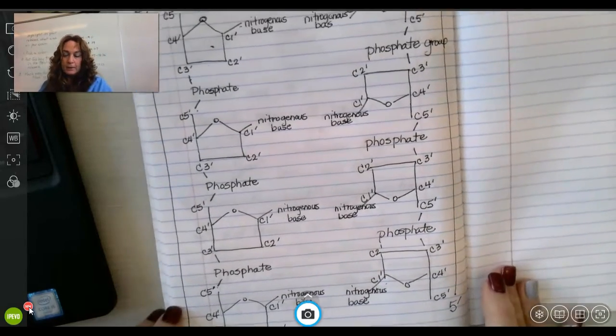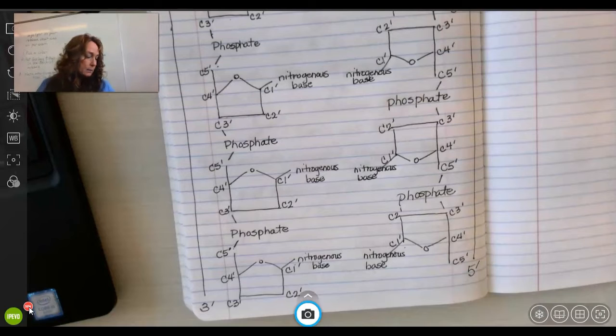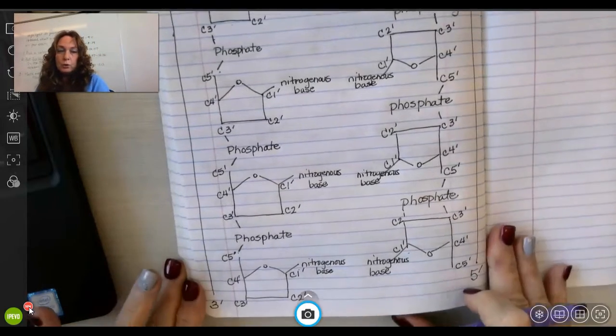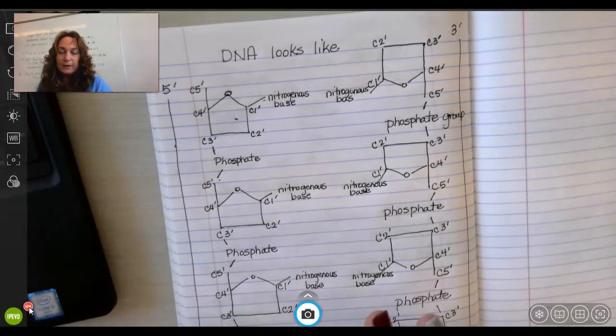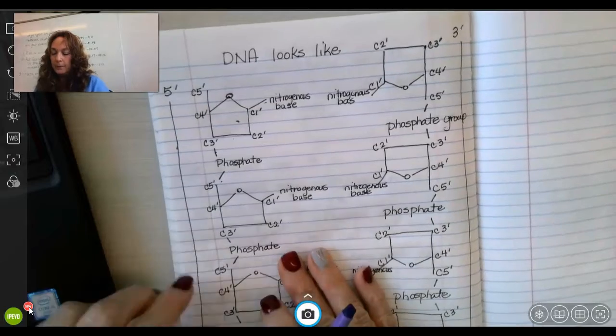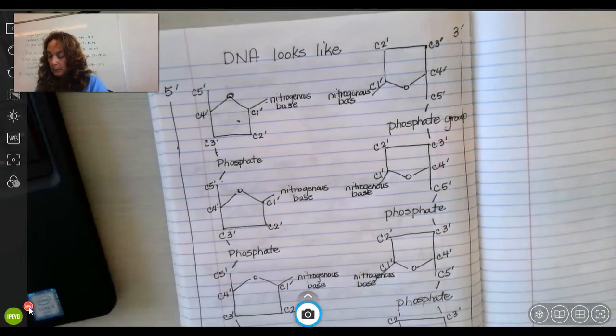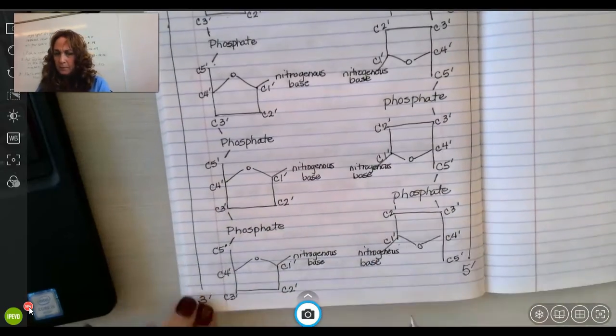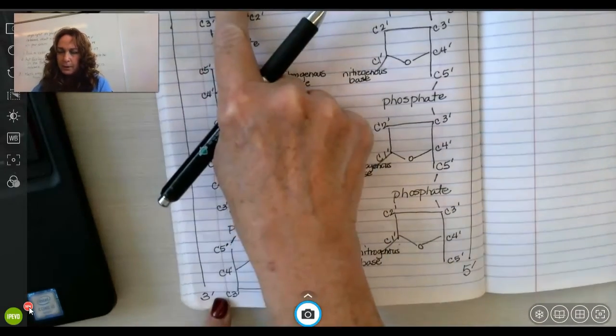Okay, so now I'm going to take purple, and I'm going to batch these into the monomers. Okay, so let's think about it. I'm going to maybe put a phosphate. Let's put it down here. Or do you want to put it up there?